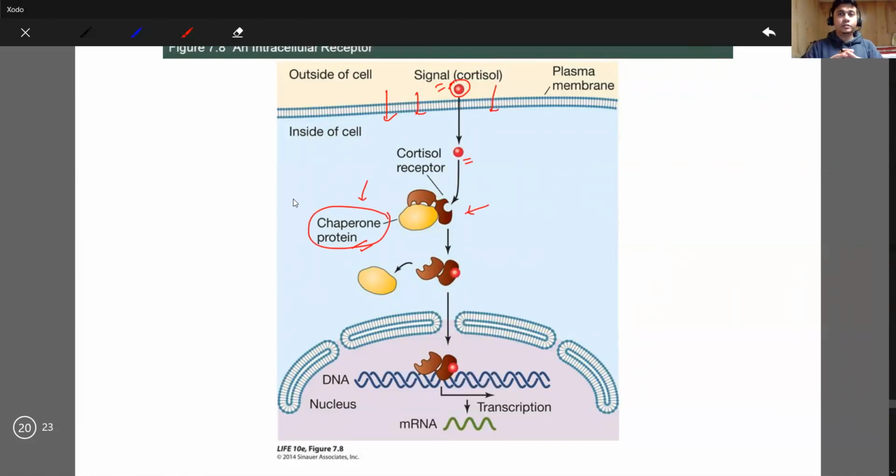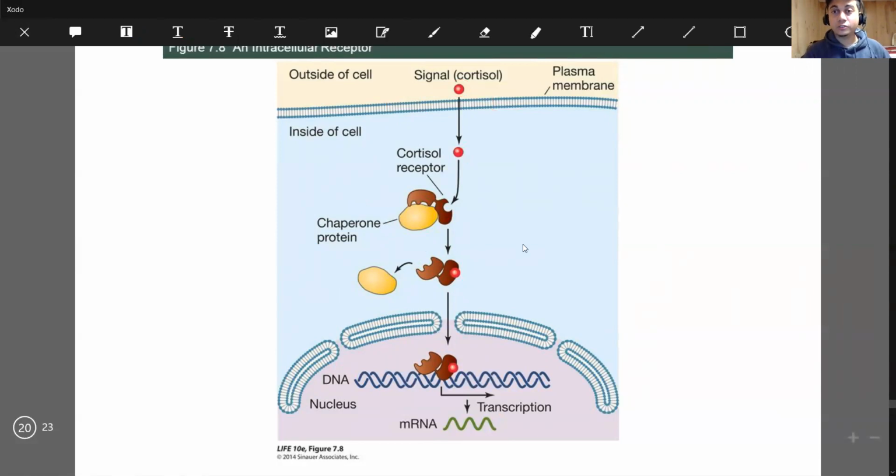It is not always open. Whenever this cortisol comes and binds here, this protective protein is removed. Then this whole thing can pass through the nuclear pore and bind to the DNA, which leads to transcription and eventually translation. That's how cortisol works.